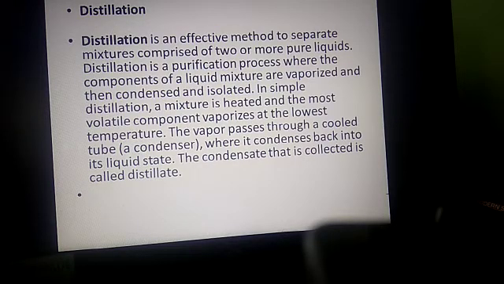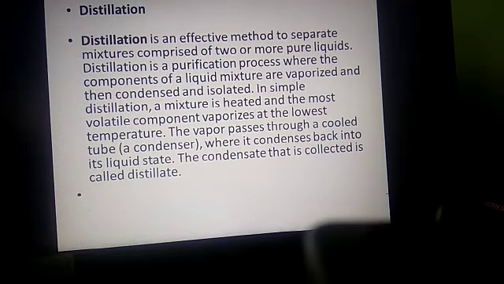The condensate that is collected is called distillate. Distillation is an effective method to separate mixtures comprised of two or more pure liquids. In the distillation purification process, the components of a liquid mixture are vaporized and then condensed and isolated. In simple distillation, a mixture is heated and the most volatile component vaporizes at the lowest temperature. The vapor passes through a cold tube where it condenses back to its liquid state.